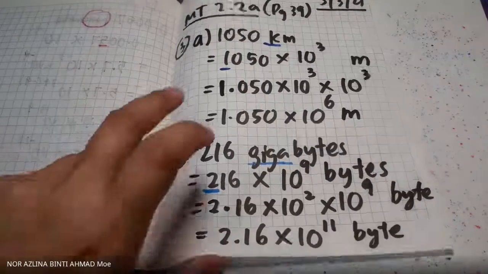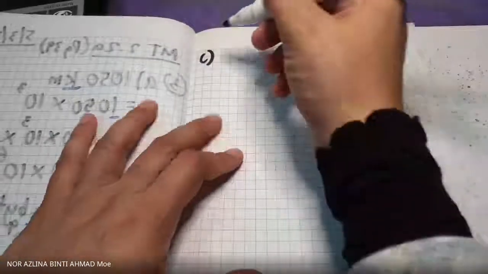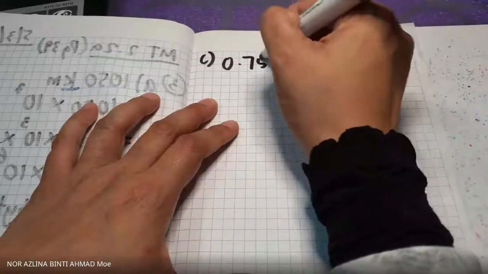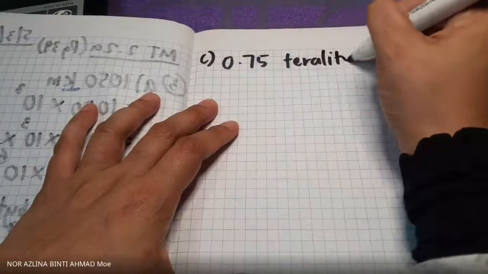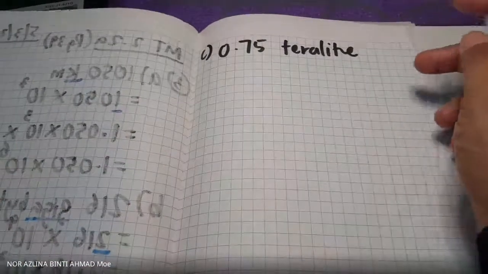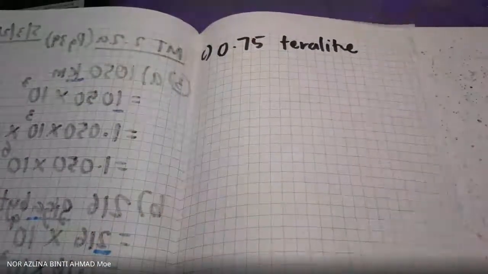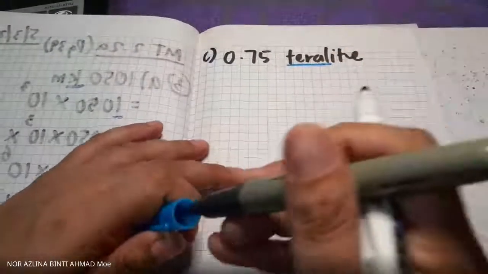Okay, next C. 0.75 tera liter. The question wants you to give the answer in liter only. So tera, what is tera?